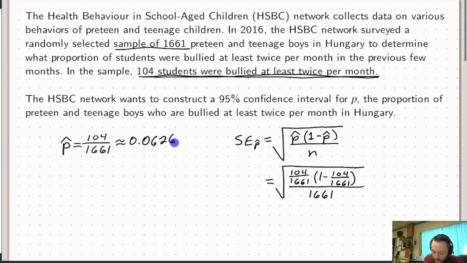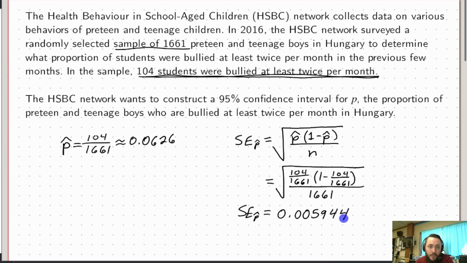is 0.0626. This standard error of our sample proportion is going to be 0.005944. Why did I go that far?